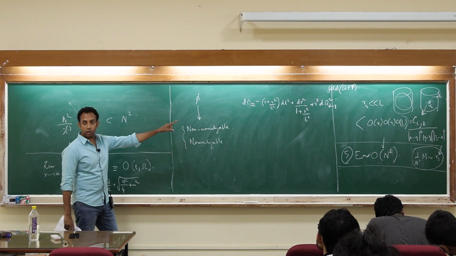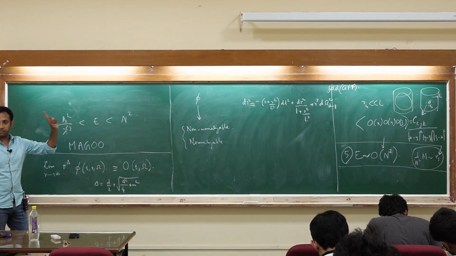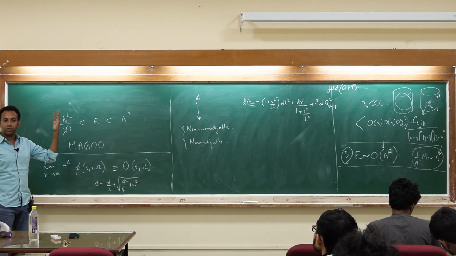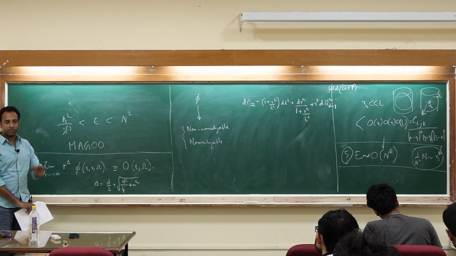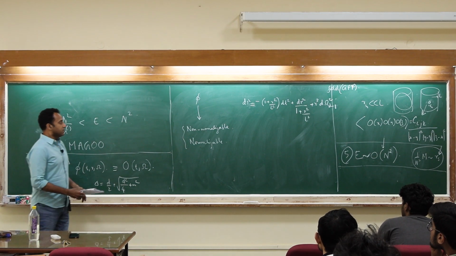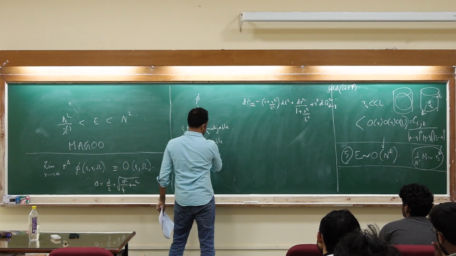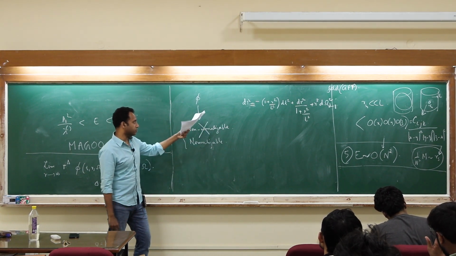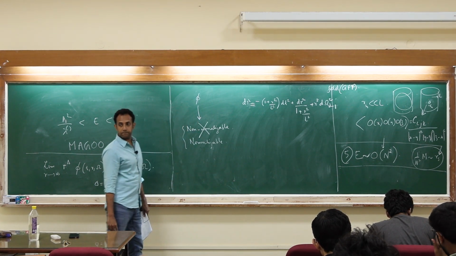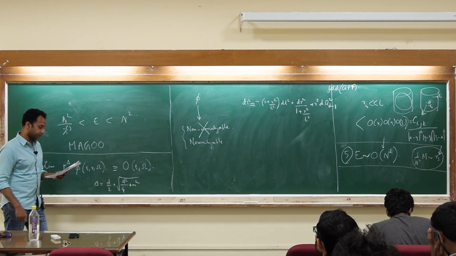Note that I am working in Lorentzian signature. The first version of AdS/CFT was in Euclidean signature, but I'm talking specifically about Lorentzian signature. Of the two independent solutions, this one we will set to 0, and this is the mode that I'm going to consider.